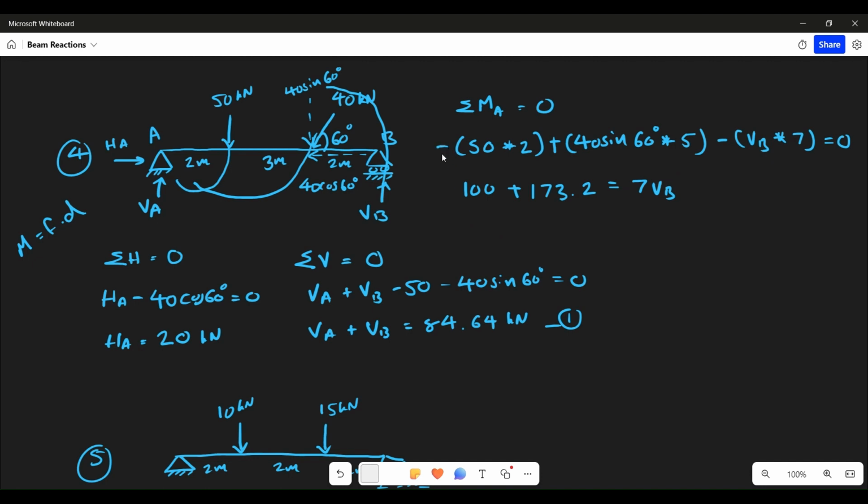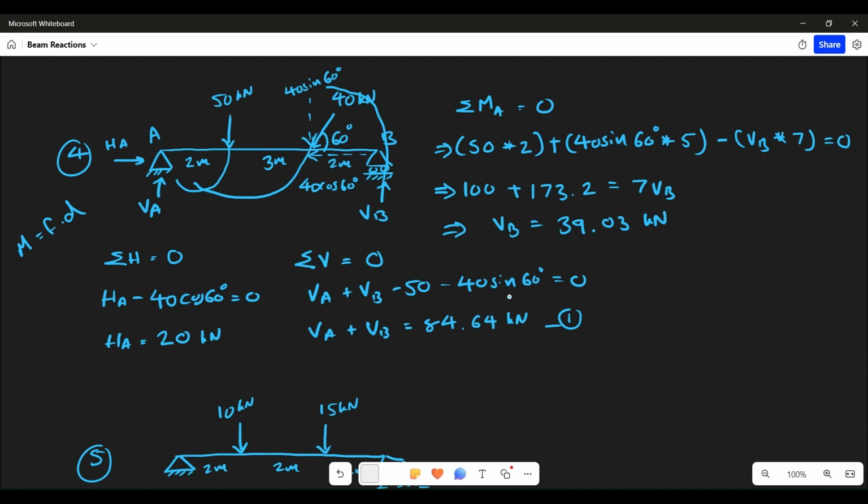So you get VB is equal to 273.2 divided by 7. We are getting this as 39.03 kilonewton.